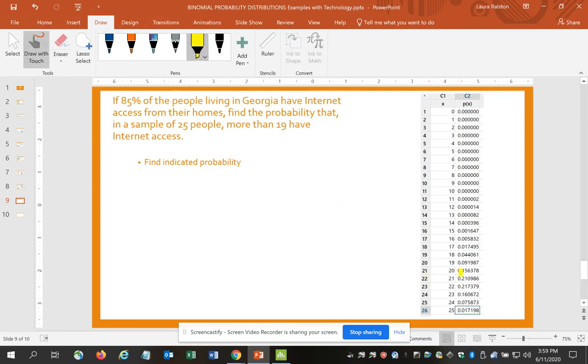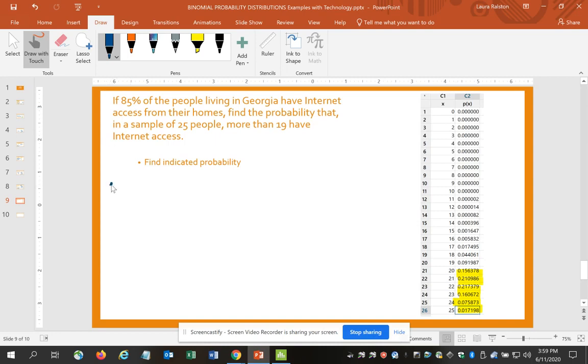So more than 19 would be 20, 21, 22, 23, 24, all the way down to 25. And again, because you have that option of it being or, we have to add those together.